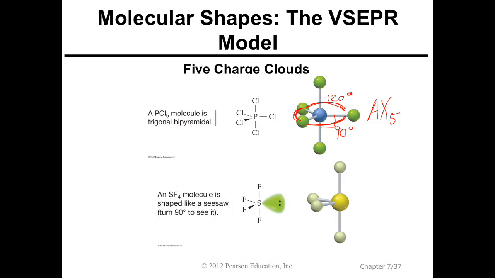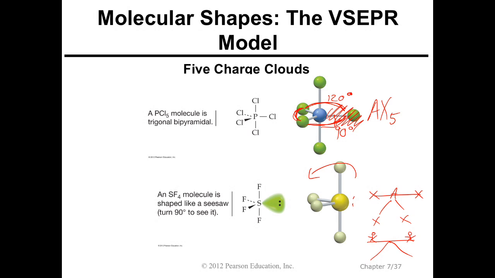If you replace one of these, let's say this one, with a lone pair, you get this one. If you look at this shape, let me rotate it 90 degrees, where you've got a central atom and now the X's here. Does that look like anything you are familiar with?